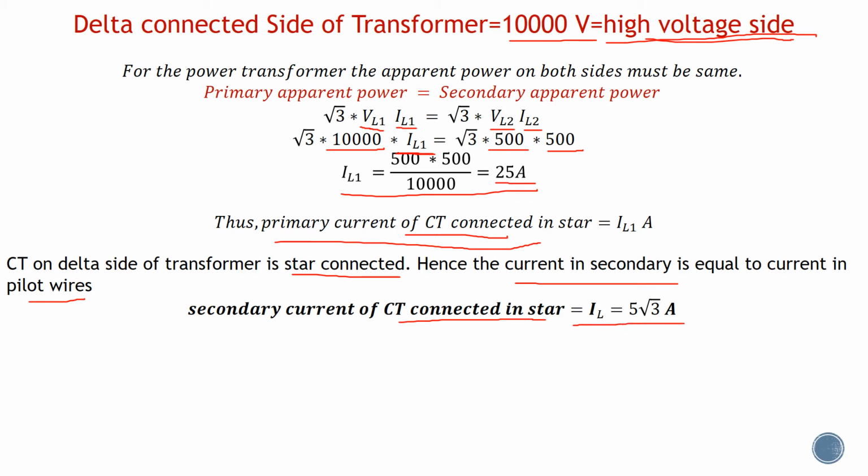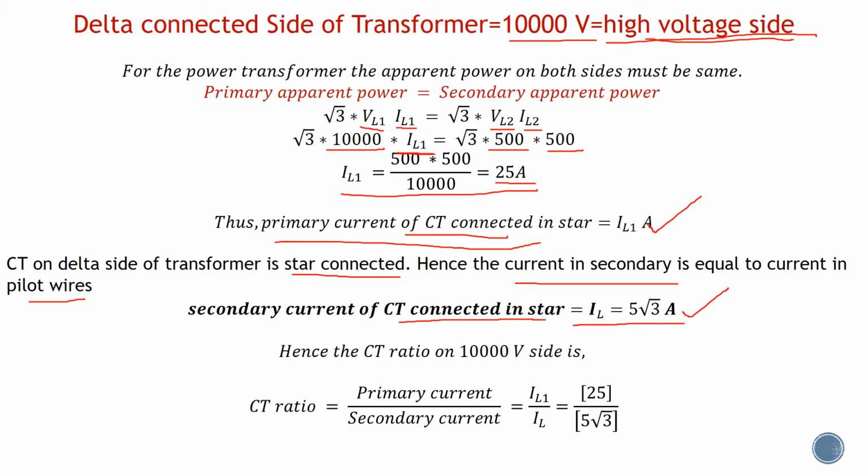Now we can easily calculate the CT ratio by dividing the primary current by the secondary current. Doing so, we will get the CT ratio of your high voltage side, and it comes out to be 5 by root 3.